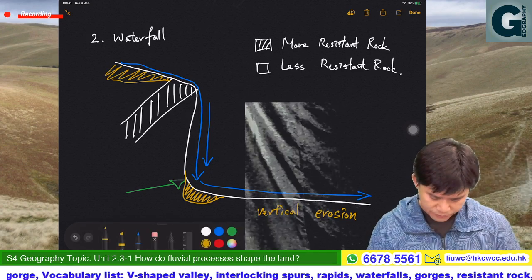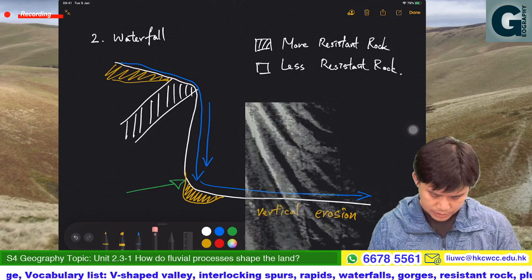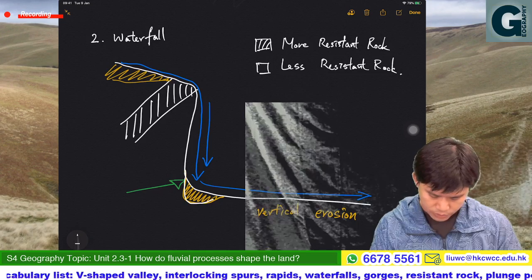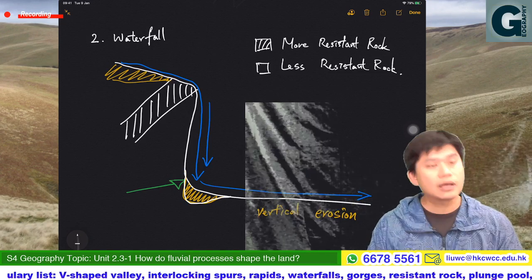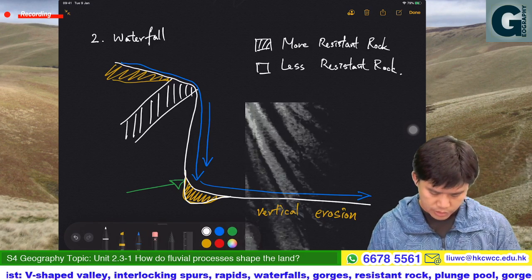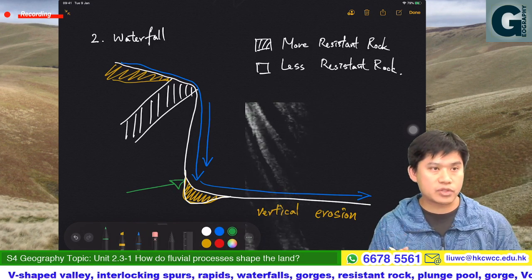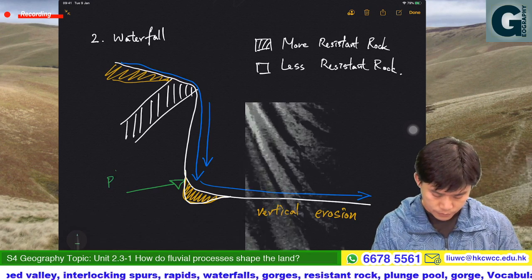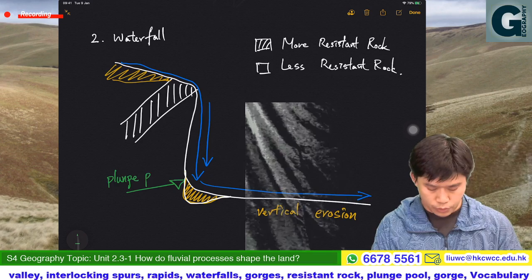After this part is eroded, a new feature would be formed at the bottom of the waterfall, and we would call it a plunge pool.